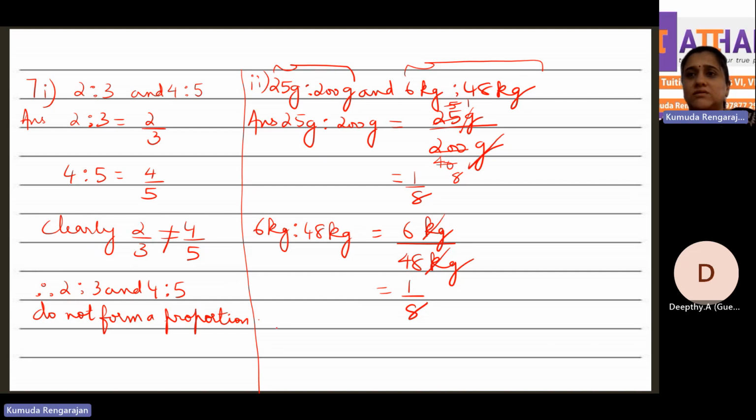What's the answer? Clearly, 25 grams is equal to 6 kgs is to 48 kgs. Therefore, they are in proportion. Very good.